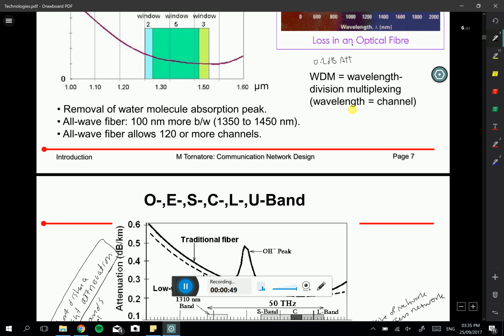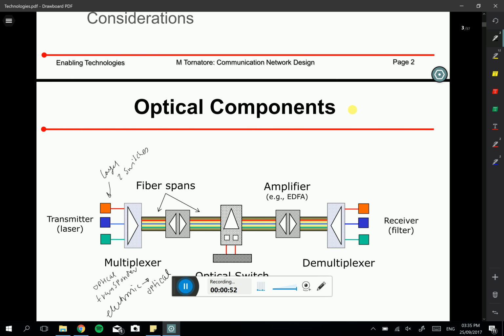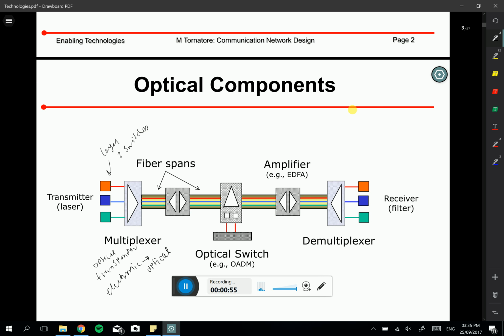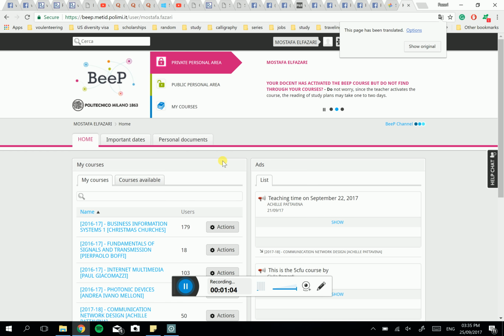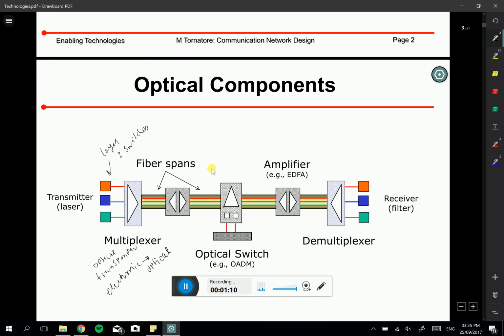Indeed, when we transfer information over a wavelength, imagine this red wavelength, when we get to the destination, we need a receiver, we need to detect the light and transform the light into electrons, and we need also a filter which says, okay, to this receiver, you're going to receive only the red light.